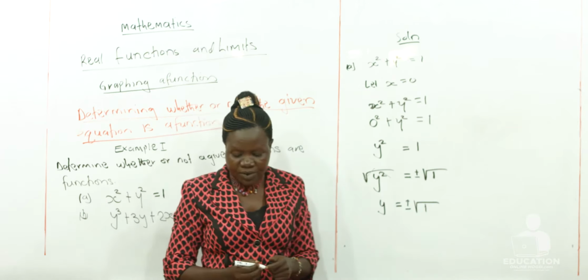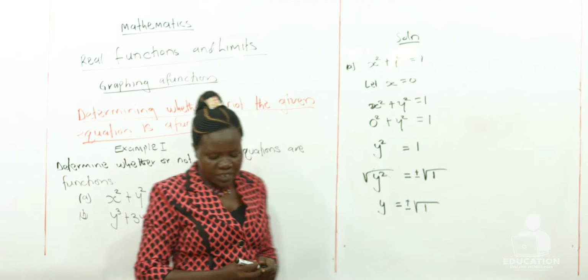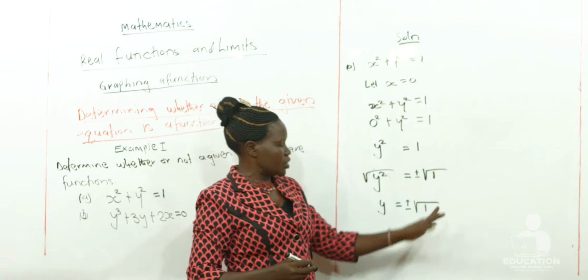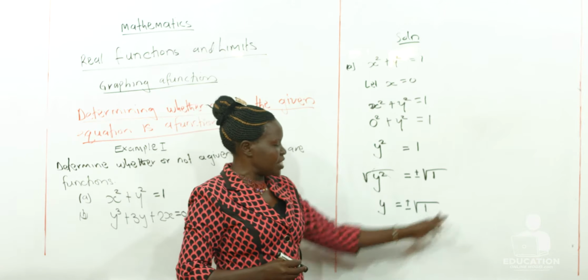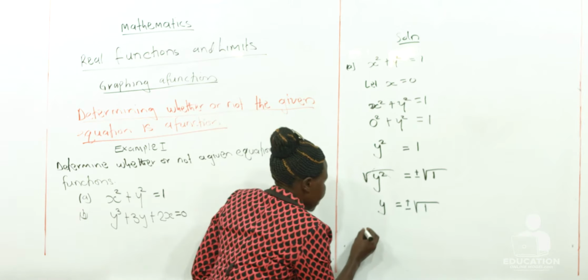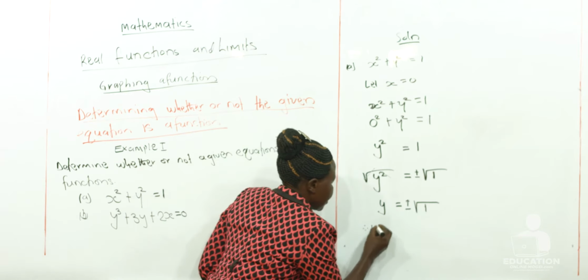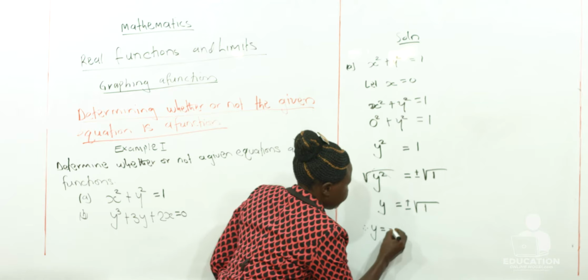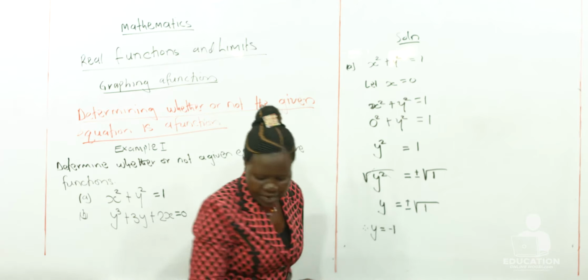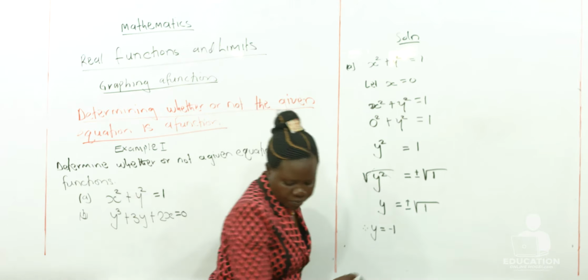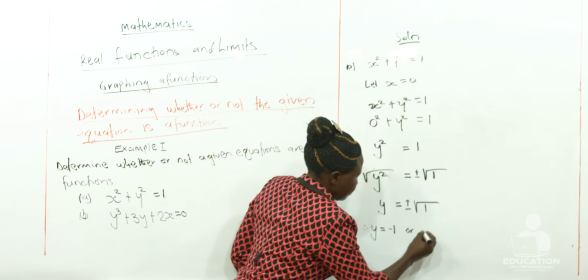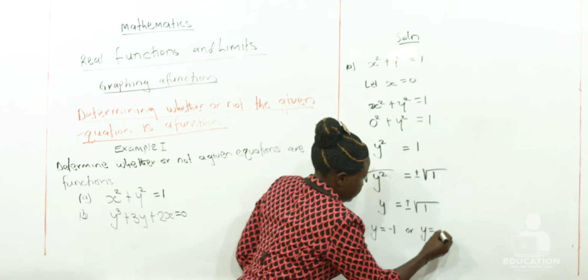Now when we look at the root of 1, we can split it, having y alone be negative 1, or y alone be positive 1.